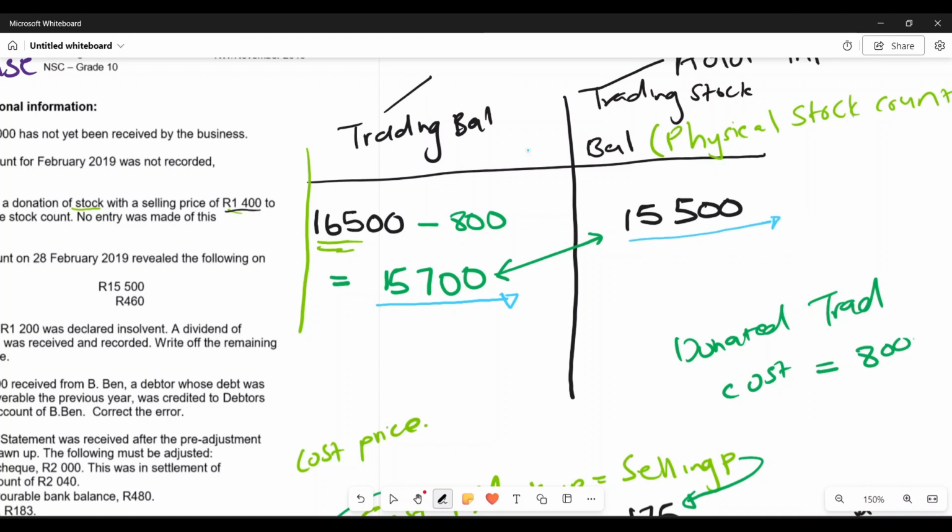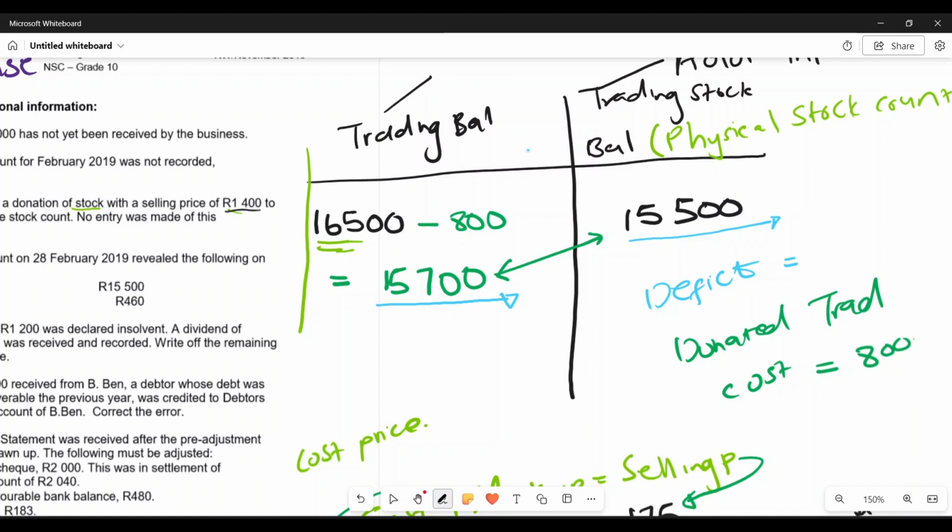Would this be a deficit or a surplus? This would be a deficit. Why? You expected your trading stock to be more, which is 15,700, but when you counted it, it was less, which is 15,500. The difference between the two will be our deficit.